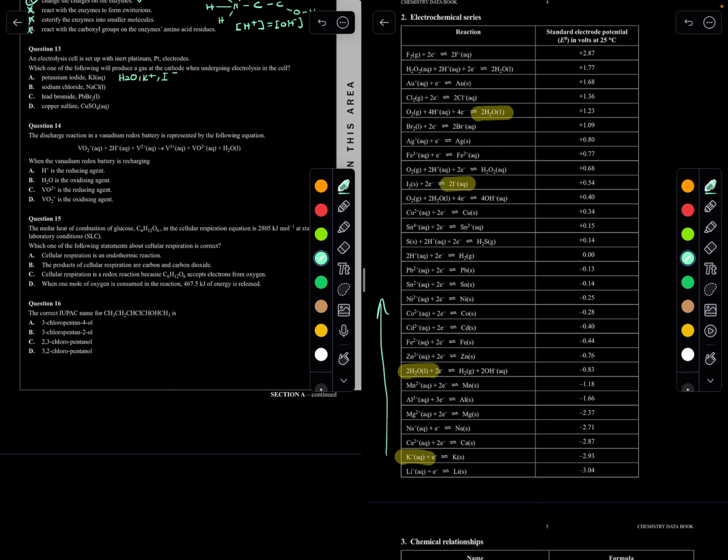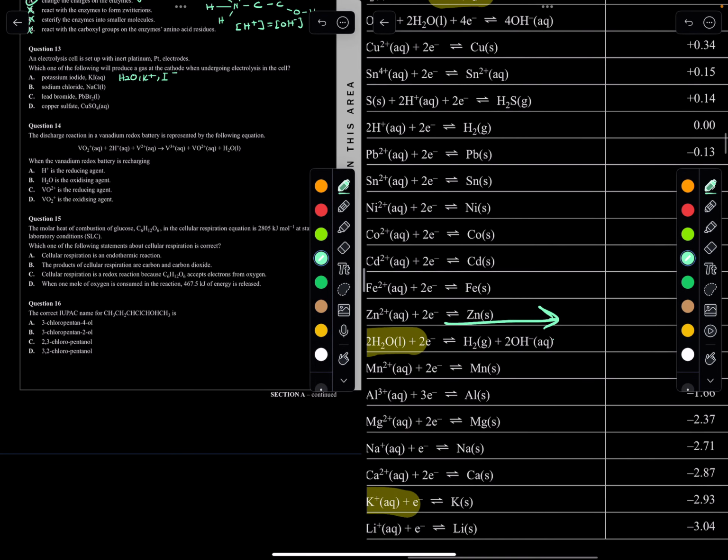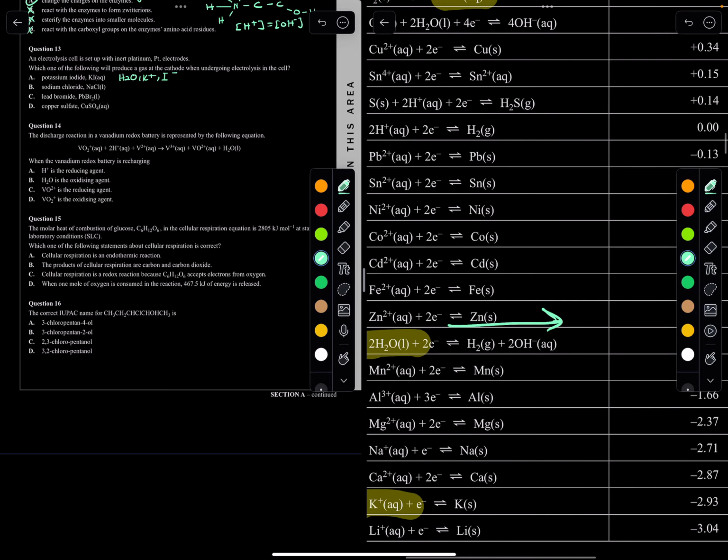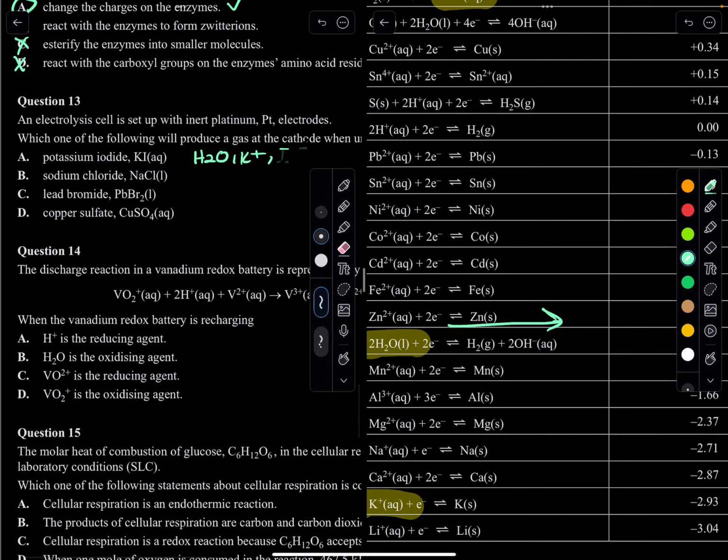So look at this, which is H2O in this case. So this is going to go for a reduction reaction and form, yes, hydrogen gas and OH minus ions. So yes, this one actually forms gas. So this one looks good. We can put a tick on that.